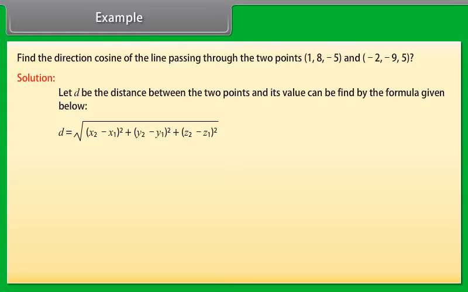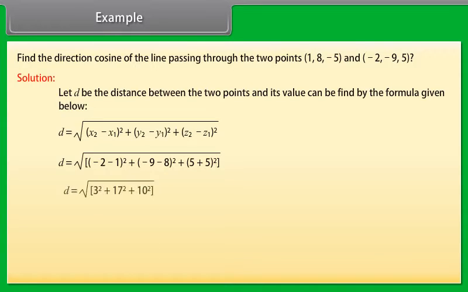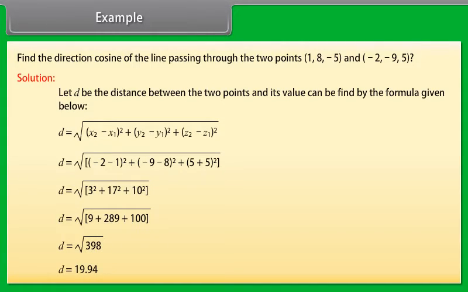d equals square root of (minus 2 minus 1) square plus (minus 9 minus 8) square plus 5 square. d equals square root of 3 square plus 17 square plus 10 square. d equals square root of 9 plus 289 plus 100. d equals square root of 398. d equals 19.94.